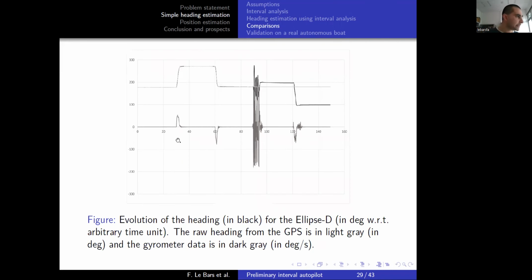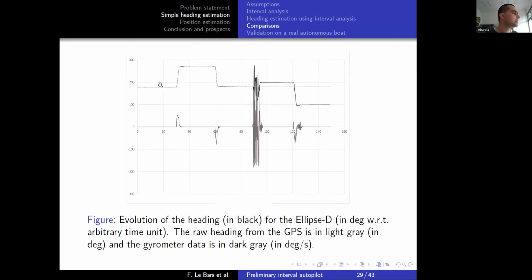So first, here you have the data of the commercial system. On the top, you have in light gray the evolution of the heading given by the GPS, and in black the evolution of the heading returned as a final state estimation of the system.